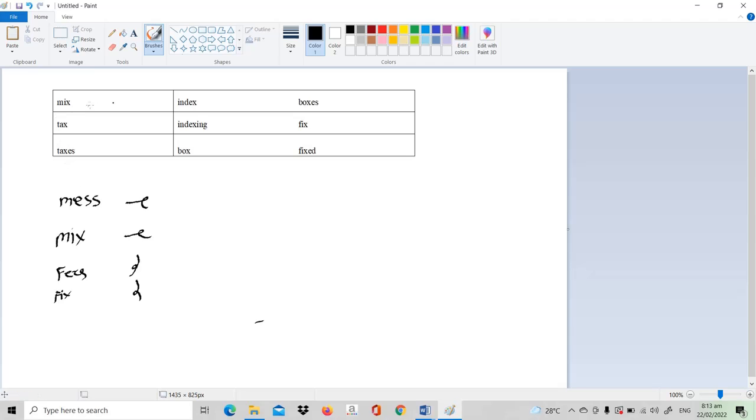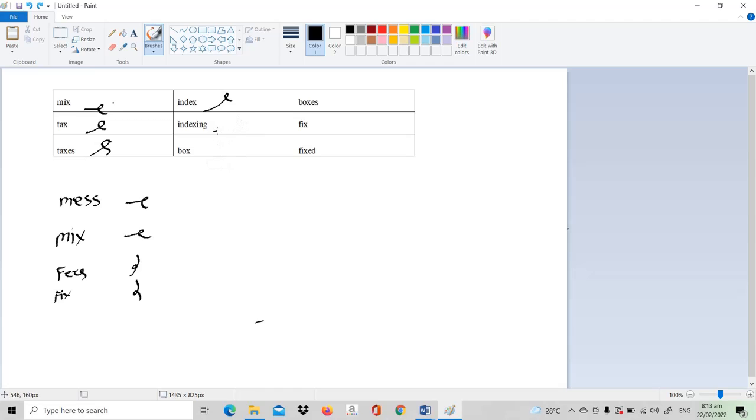Now, let's move on to our words. Mix. Nagawa na natin yung mix. We have M-E-X. Now, tax. We have T-A-X. And then, taxes. We have T-A-X-S. Okay? Then, index. We have ND blend, ND, and then E, and then X. Ayusin natin ba't nalaki nung E. ND, E, X. Indexing. Index, sing.